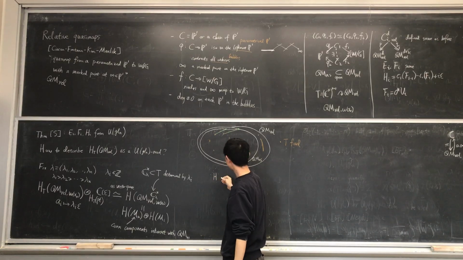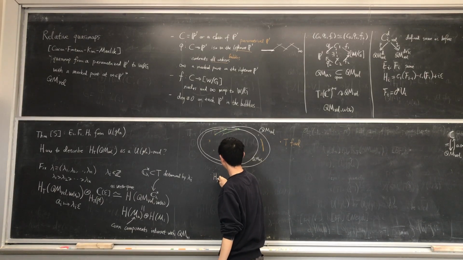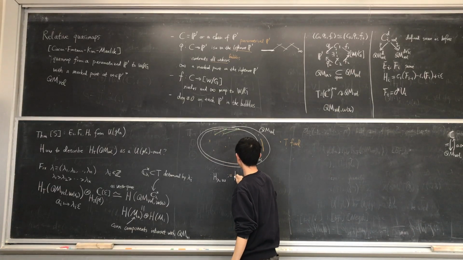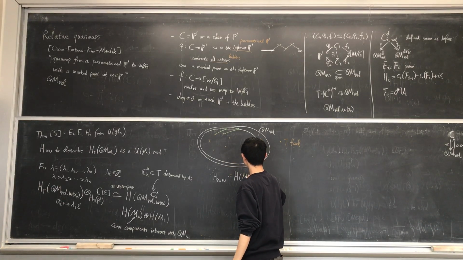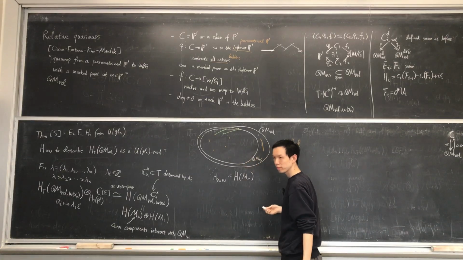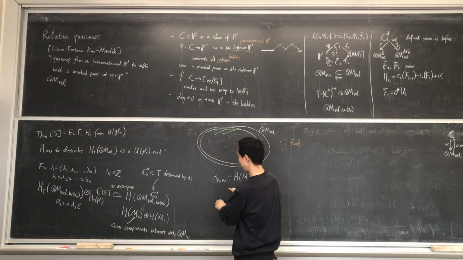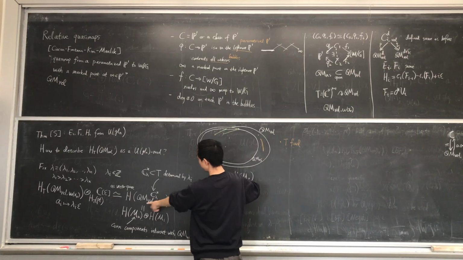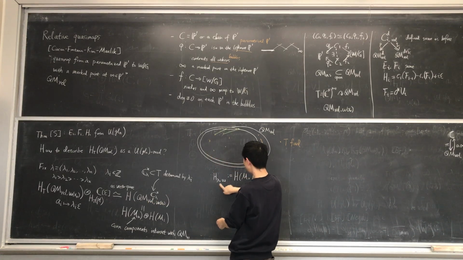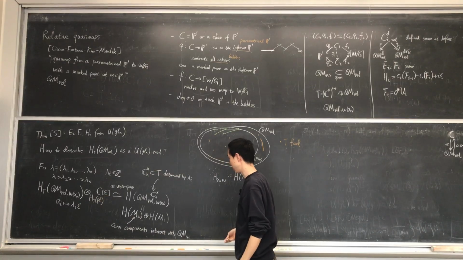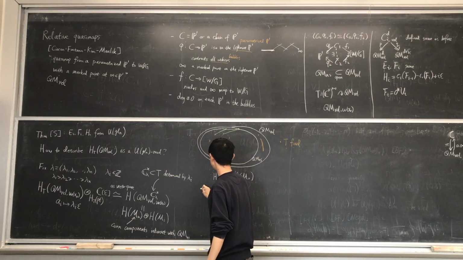So now we get a module which I will call H lambda W, which is just the cohomology of this M0. First it depends on lambda because that's how we construct it, and it depends on W, which is implicit in this evaluation.